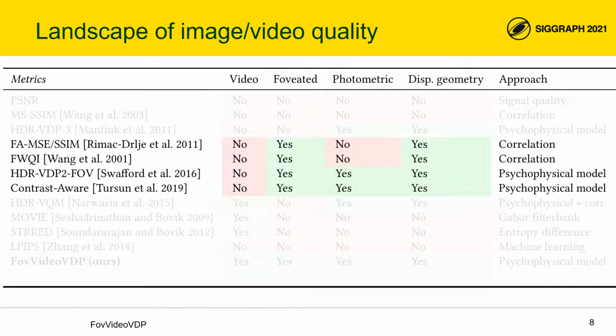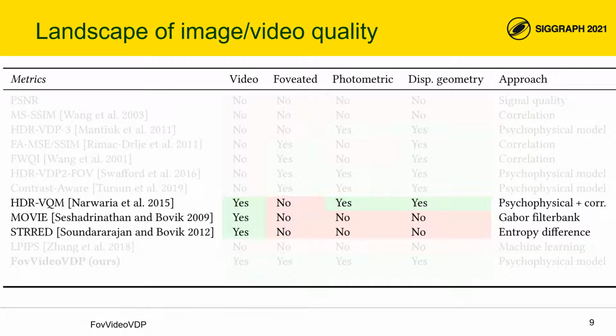There's a group of metrics that model foveation, but they do not model any temporal aspects. And this is relevant because foveation is a dynamic temporal phenomenon. We have also video metrics, which model certain temporal aspects, but they ignore foveation.